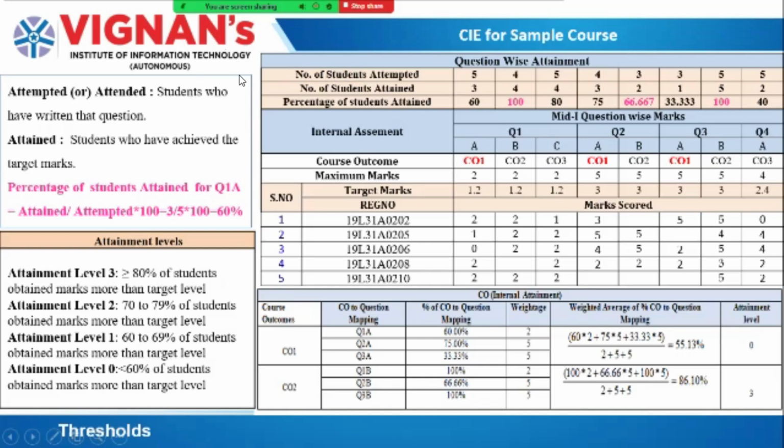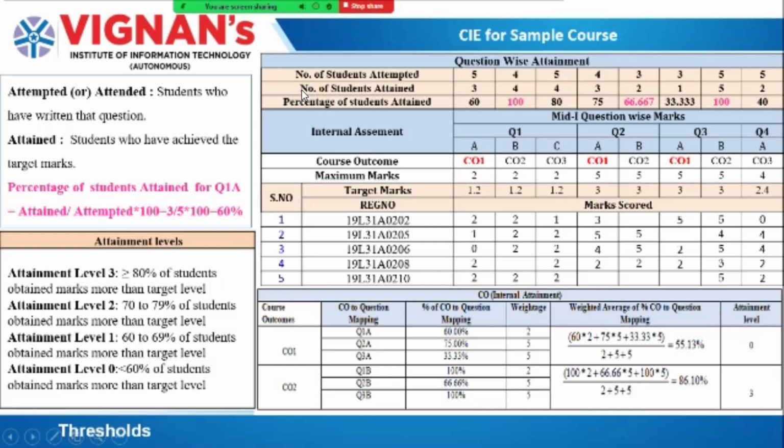For example, in question 2(a), for 5 marks, our target is 60 percent for CAE. That means 3. So out of 5 marks, the target marks are 3. If it is 10, the target will be 6.